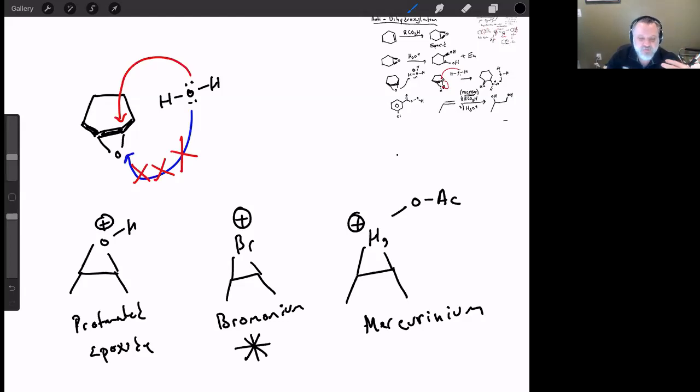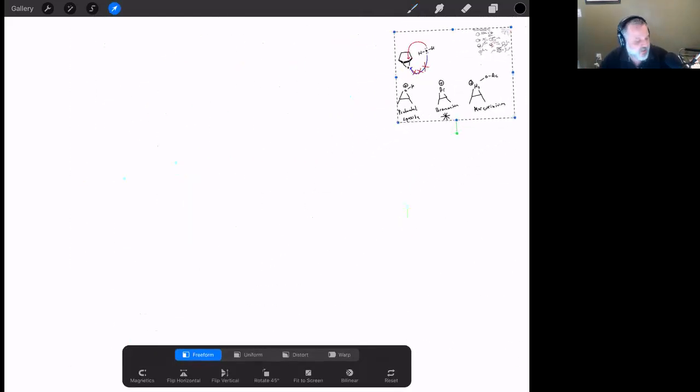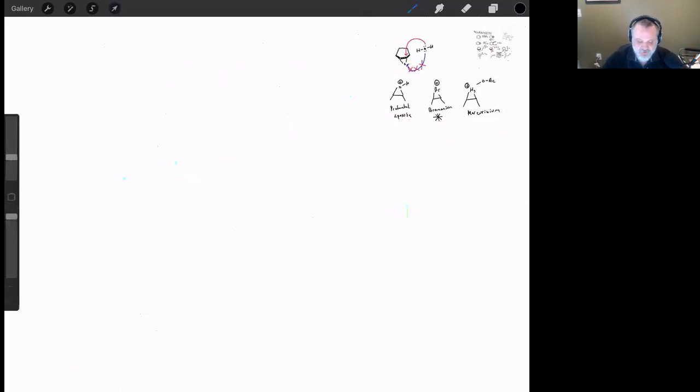We'll see that in these three examples when we have three-membered cyclic rings, that we always get this anti-product, and there'll be other types of cyclic intermediates that will lead to cis products, and we'll see about that in just a second, because that was anti-dihydroxylation. But what we want to do now is syn dihydroxylation. So syn means the same side.